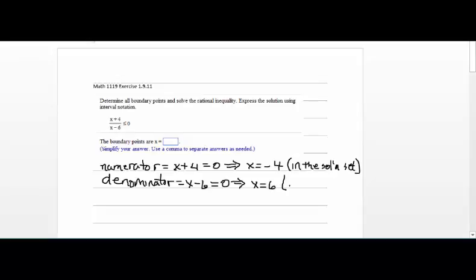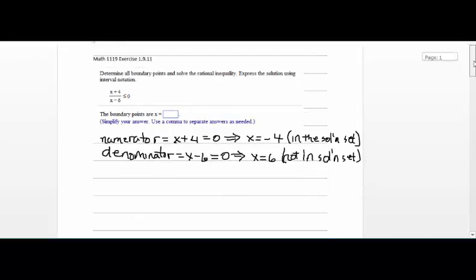We cannot have a 0 in a denominator, because that would mean we're dividing by 0. So this is not in the solution set. So we have the boundary points. In this box, you would put negative 4, comma 6.